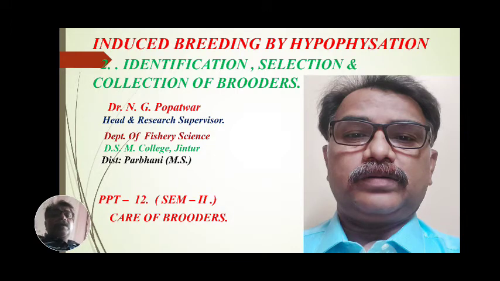the collection of brooders, and where brooders are to be collected. Brooders, the mature fish, are collected either from wild sources, in natural ways from ponds, lakes, rivers and reservoirs, where fish are available and can be captured.